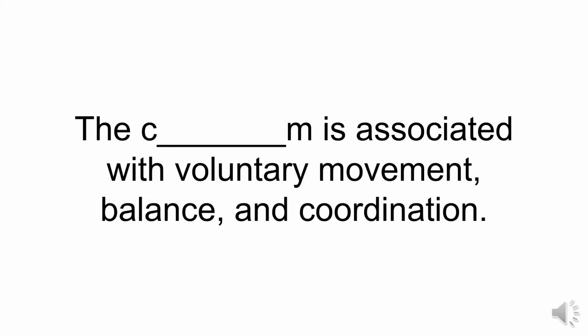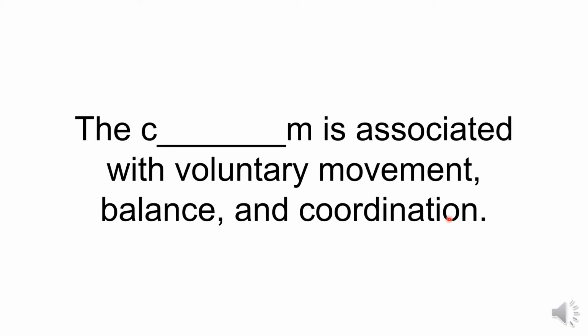The C-M is associated with voluntary movement, balance, and coordination. So what brain structure is associated with these functions? And I'll give you a hint because a lot of these things are messed up when you get drunk.